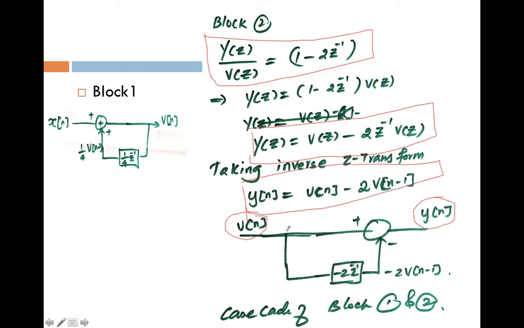Hence, you are going to take a link from the input and pass it via a delay element with the multiplication coefficient -2, and you are going to add these two things to find the result. Y of n is equal to the sum of v of n and minus 2 into z power -1, this one.